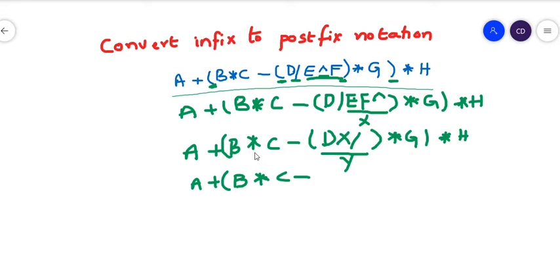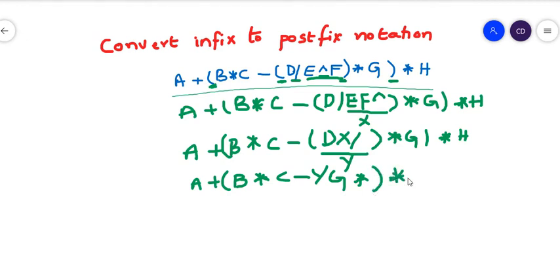Whenever you have one multiplication operator, one subtraction operator and one multiplication operator, multiplication always has higher priority than subtraction. So what I am going to do here is take y and g, y and g, and then do my multiplication operation.